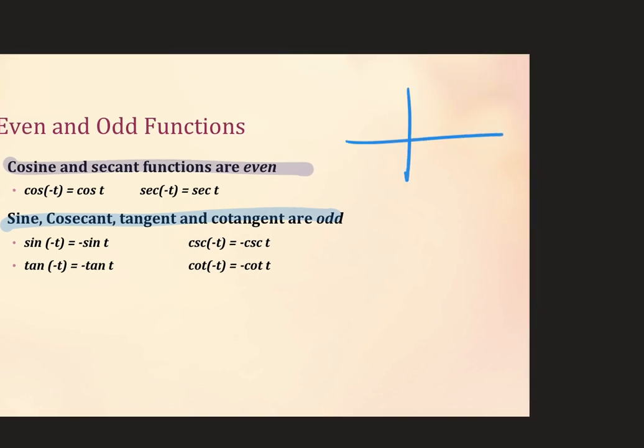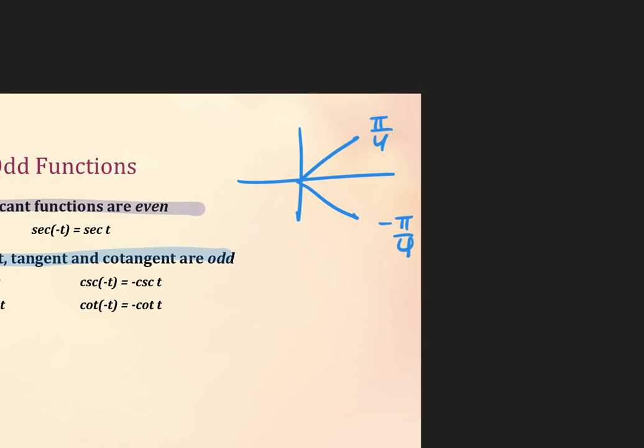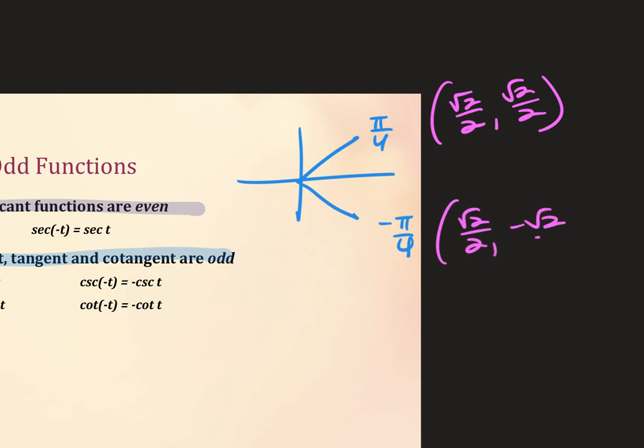So if you think about the right-hand side of your graph, let's pick pi over 4 and let's pick negative pi over 4. What's the coordinate point at pi over 4? Square root of 2 over 2, square root of 2 over 2. Good. And what's the coordinate point at negative pi over 4? Square root of 2 over 2, negative square root of 2 over 2. Good. So what happened to the sign, positive or negative, on the sine of your function, which is the y?